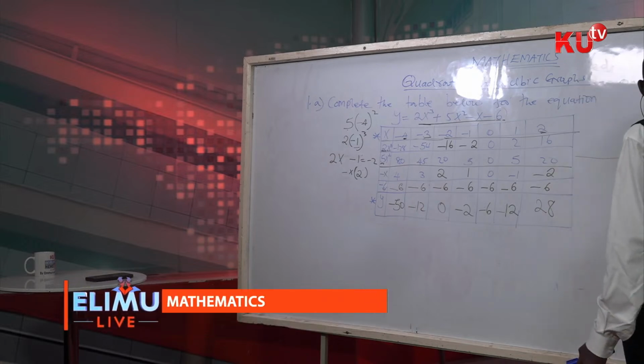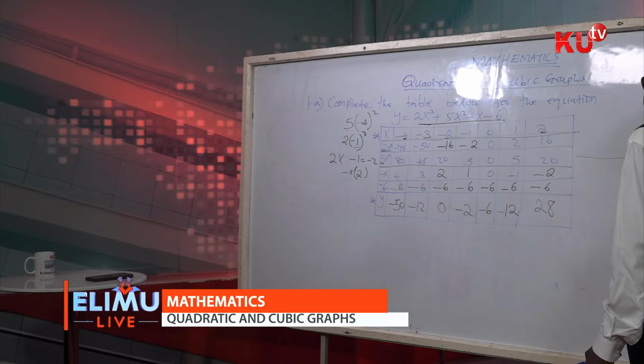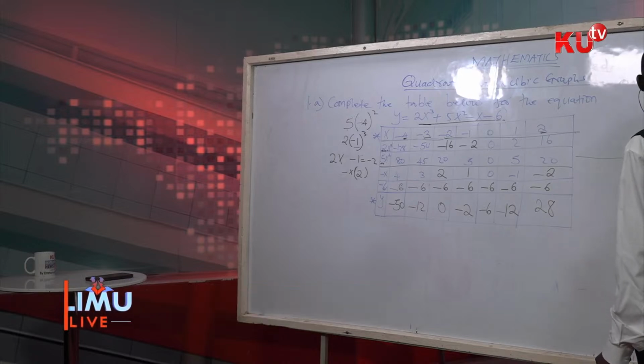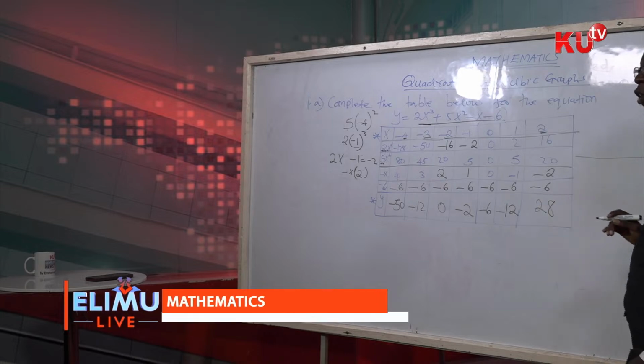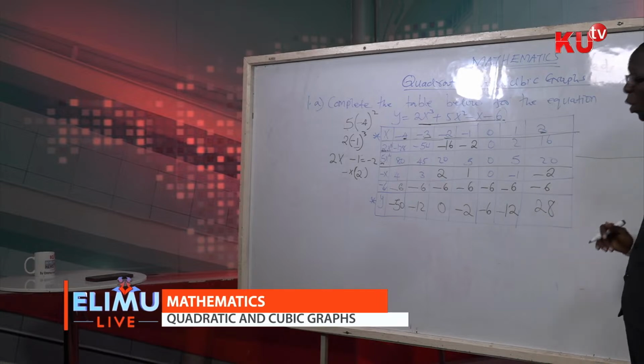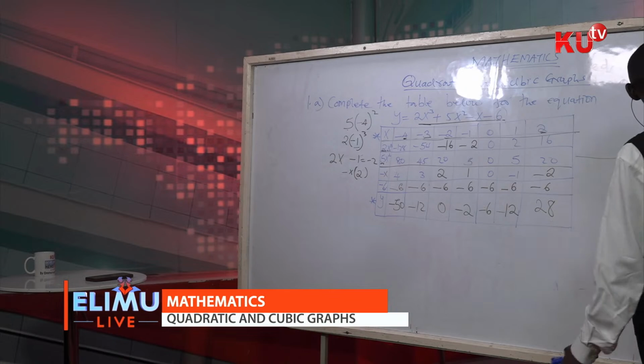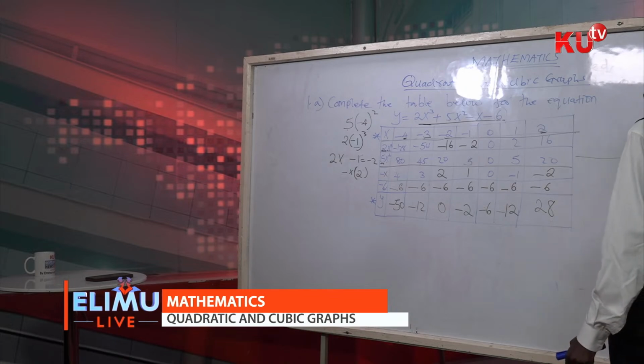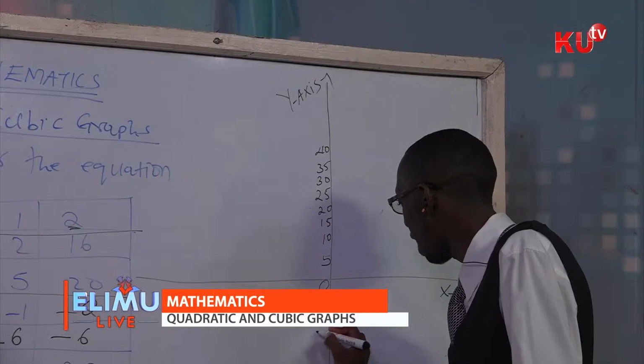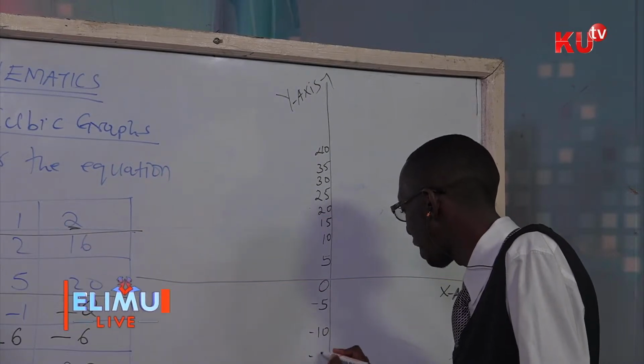We can use a scale of 1 centimeter to represent 5 units. So we'll have 0, 5, 10, 15, 20, 25, 30, 35, 40. The highest positive value is positive 28.